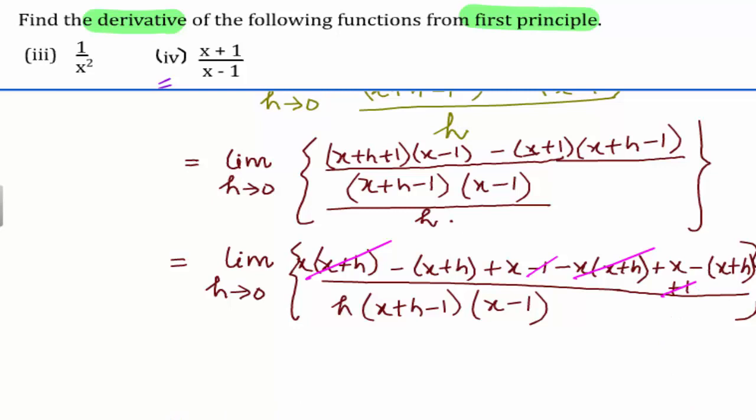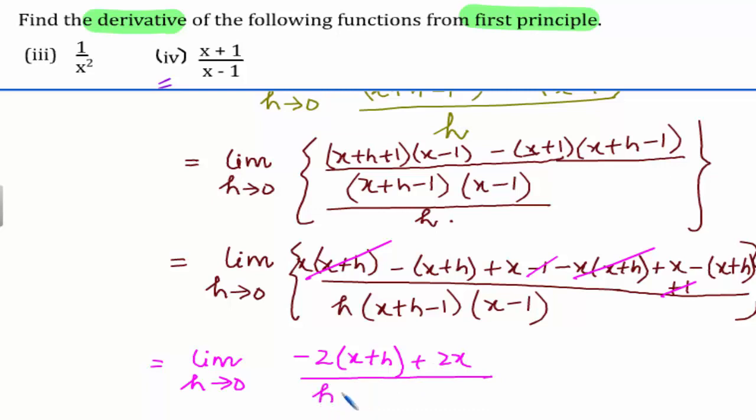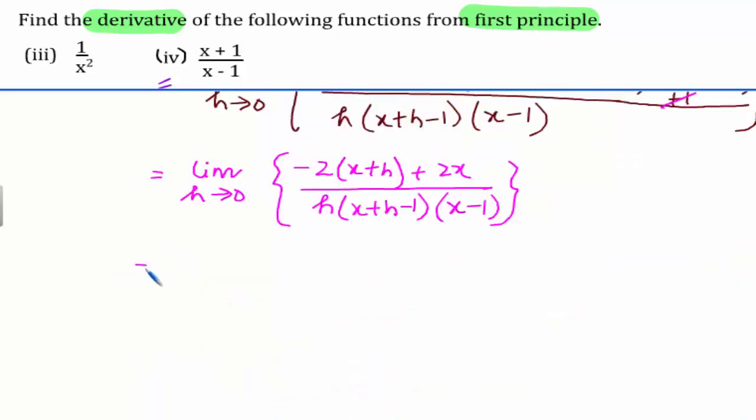So this is further equal to limit as h tends to 0. In the numerator we have minus of x plus h 2 times, therefore minus 2 times of x plus h. Then we have x 2 times, therefore plus 2x, whole divided by h into x plus h minus 1 into x minus 1. This is further equal to limit as h tends to 0.